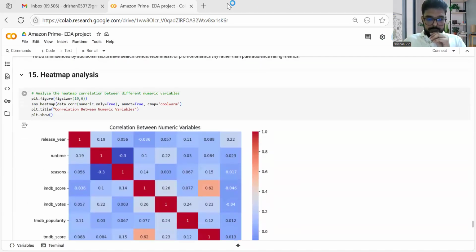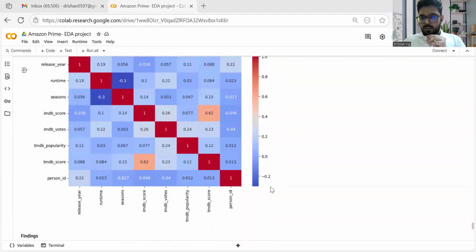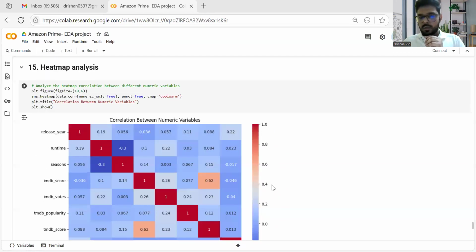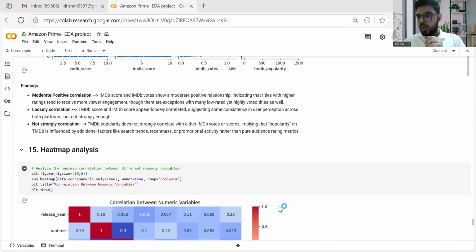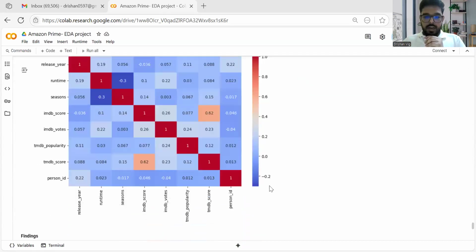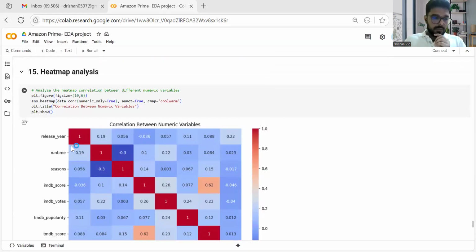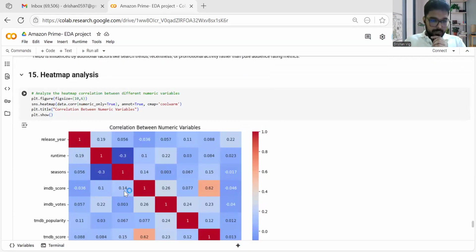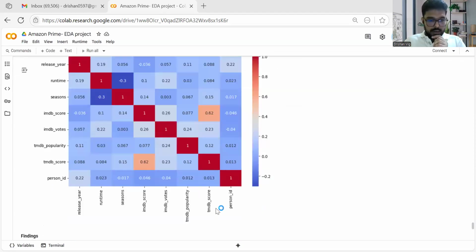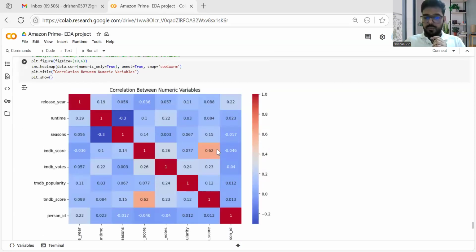So it goes from 1 to minus 0.2. 1 indicates a strong or positive correlation, and minus 0.2 indicates a negative correlation. In this particular heat map, we can analyze that IMDb score and TMDb score have a strong to positive correlation because it has a value of 0.62.